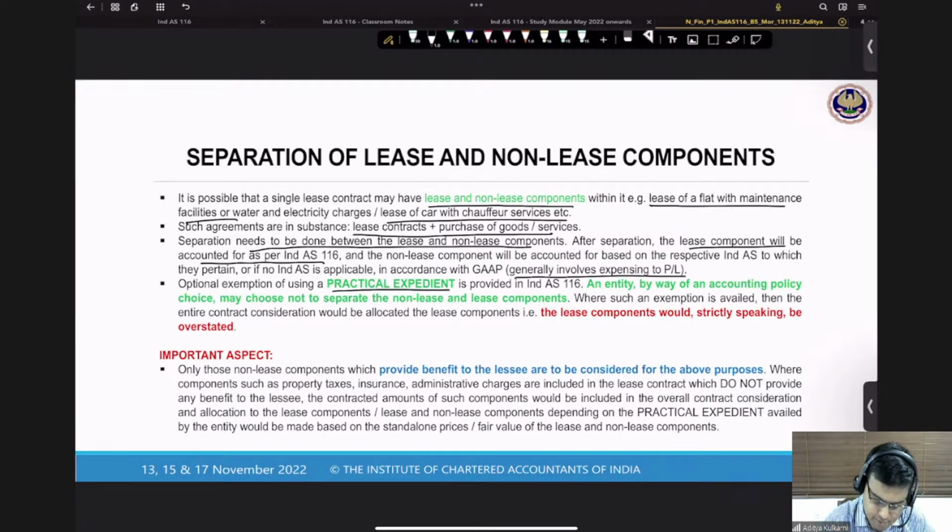Where such an exemption is availed, entire contract consideration would be allocated to the lease components. That is, the lease components would strictly speaking be overstated, but उसका कोई टेंशन नहीं है. Ultimately, that overstated amount will flow to the profit and loss over the lease tenure. So you don't have to worry about the overstatement.